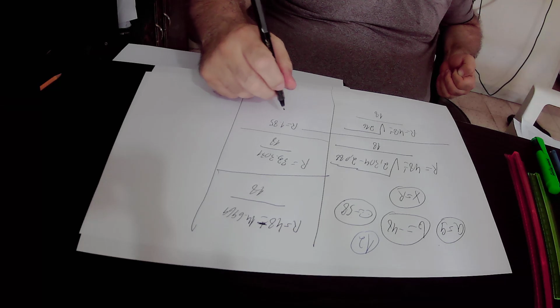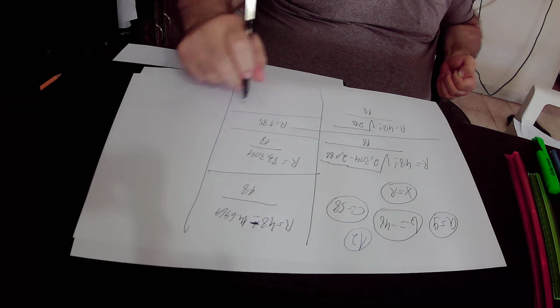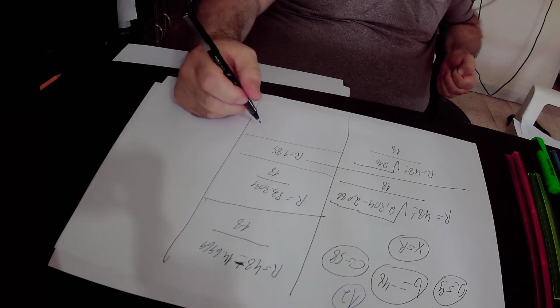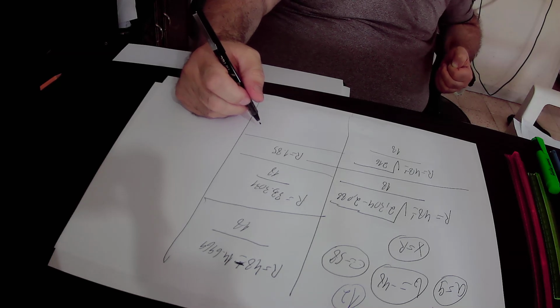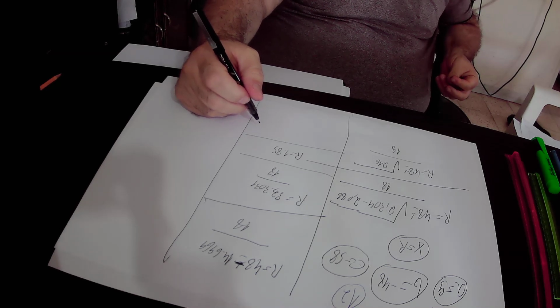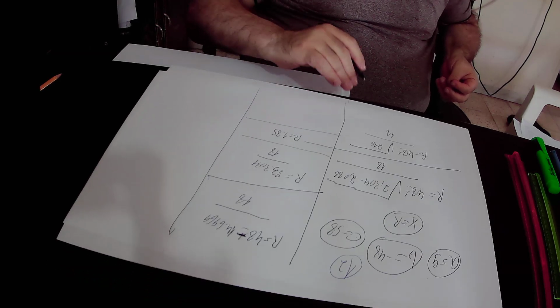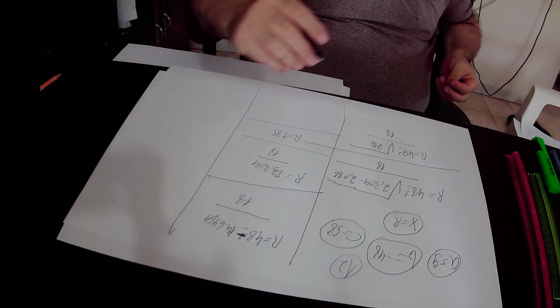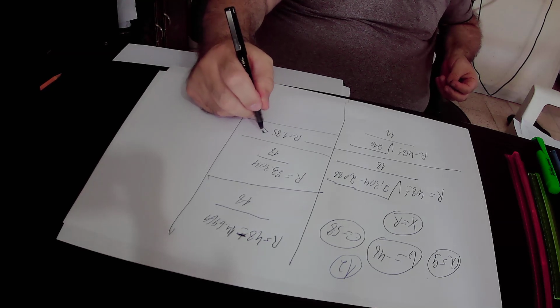So I found that the radius of the big circle would be 1.85, but we already found that the radius of the big circle cannot be less than 3 units, and 1.85 is less than 3 units.